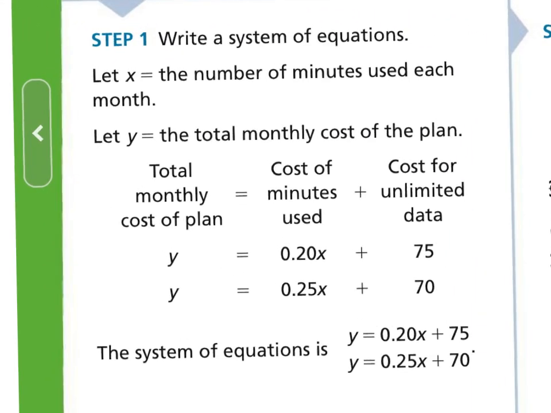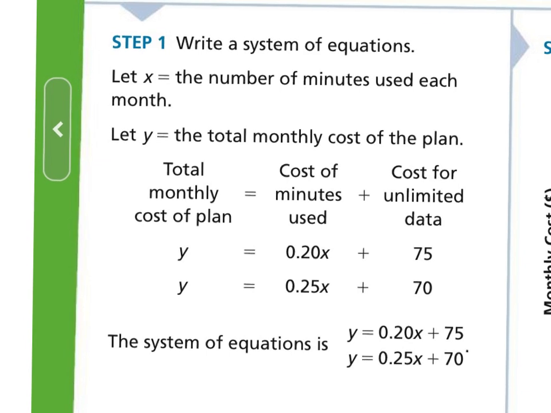The first thing they did here is define the variables. Rather than saying x equals, it would probably be good to say represent. Let x represent the number of minutes used each month. Let y represent the total monthly costs.